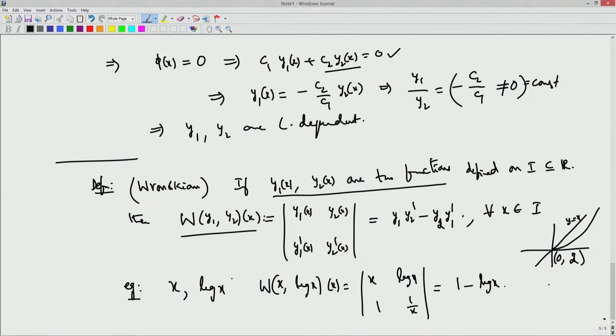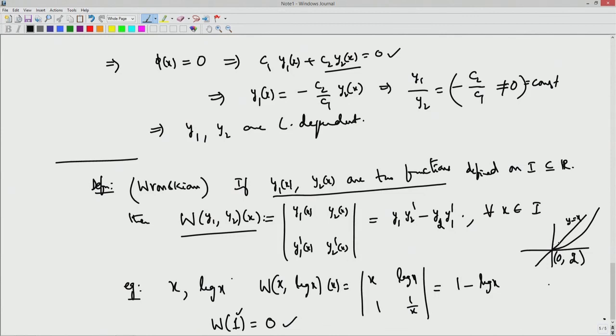Because the Wronskian can be 0. The Wronskian at x equal to 1 is 0. So at 1 it is 0, which would imply they have to be linearly dependent, that is, parallel to each other, but that is not the case.